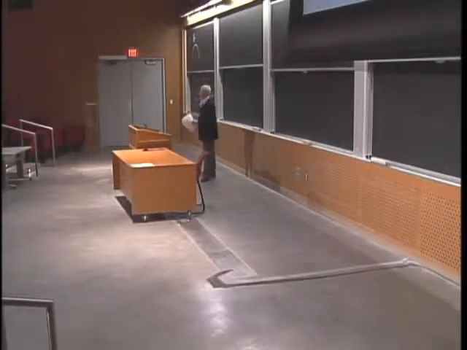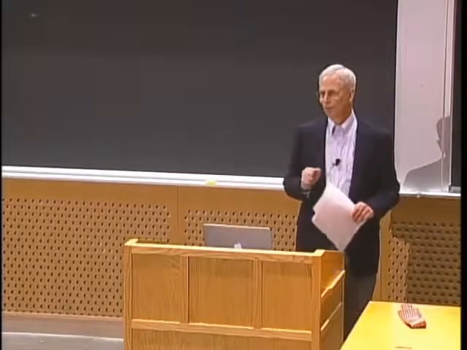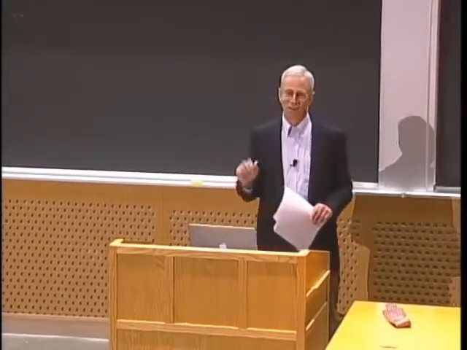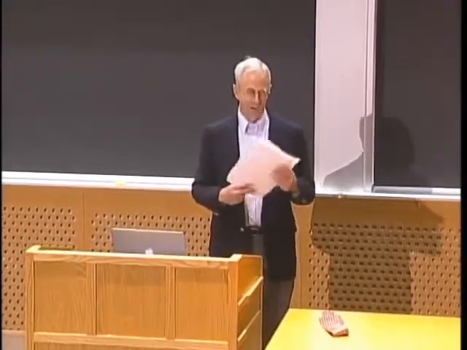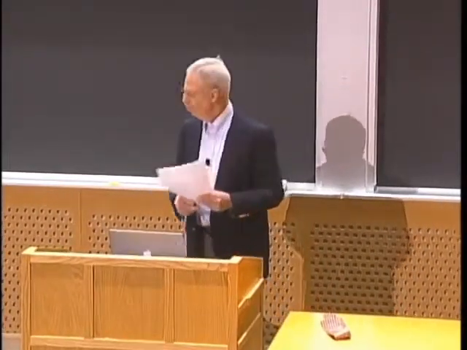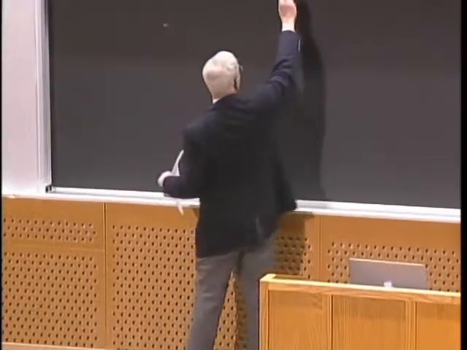But for now, I want to pull back and start down a new track that will, I'm sure you'll be pleased to hear, dovetail nicely with the next few problem sets that you're going to have to work on. What I want to talk about is the topic of optimization.